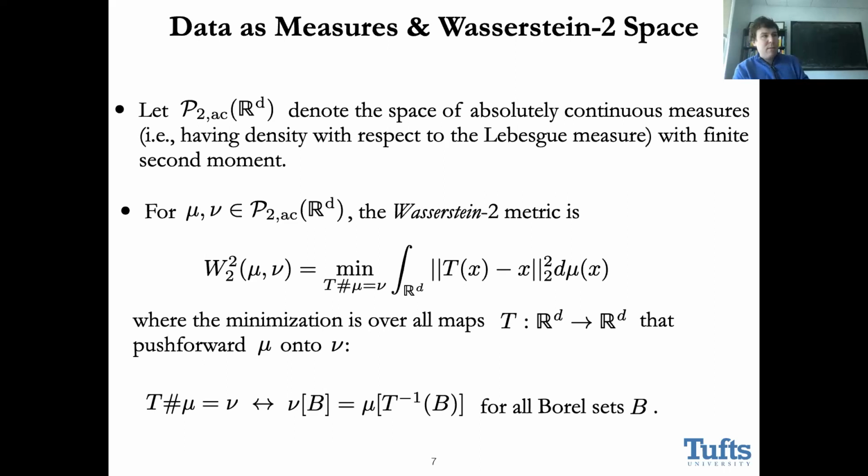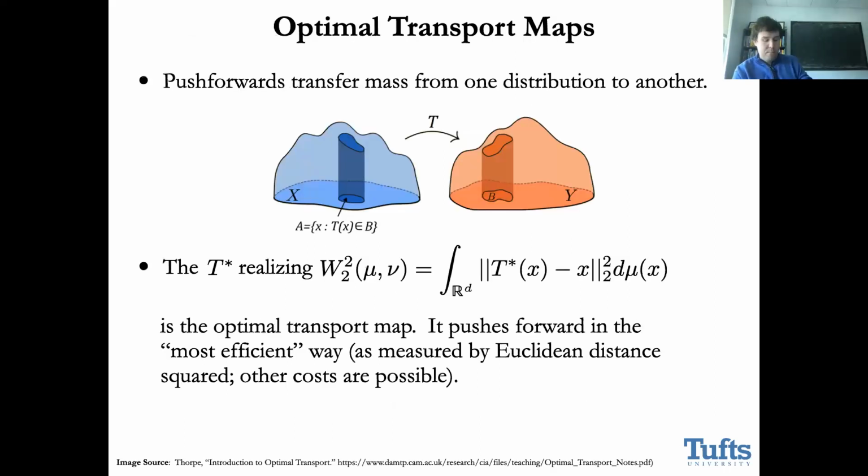Okay, so let me give a little visualization that I got from Matthew Thorpe's very nice notes on this topic. What I'm showing in blue and orange is what this push forward condition really means, right? So I have a domain X and Y. For me, they're going to often be the same, but in principle, I could be mapping across two different domains. And I have an assignment of mass given by these two probability measures, mu and nu.